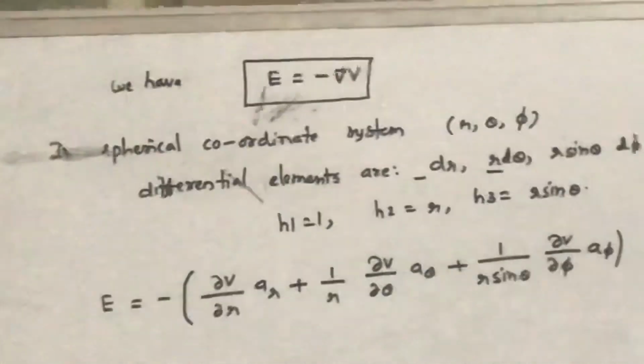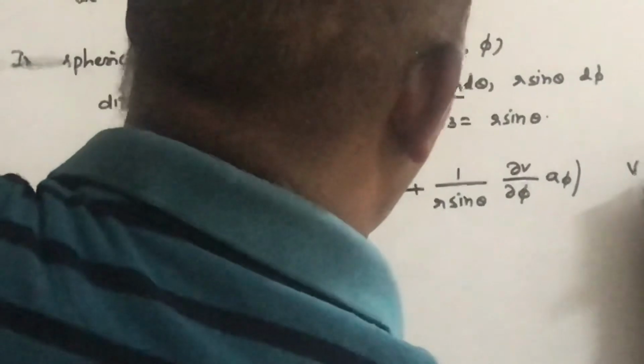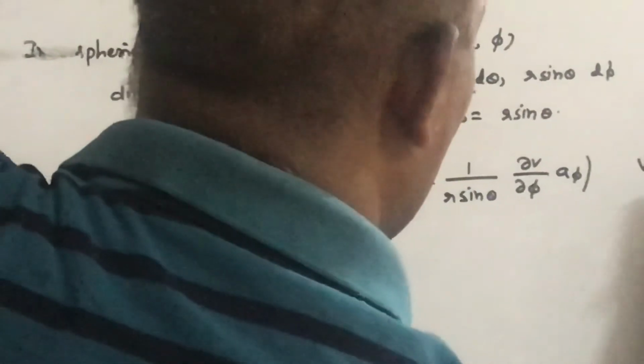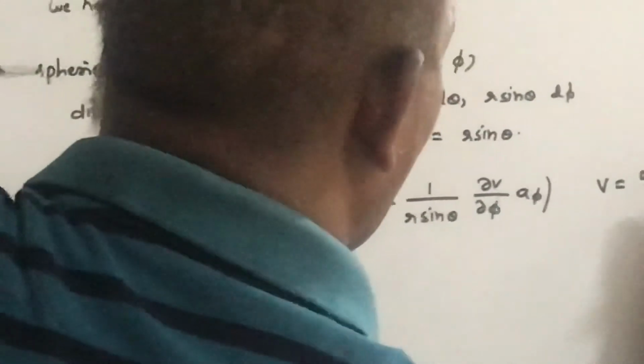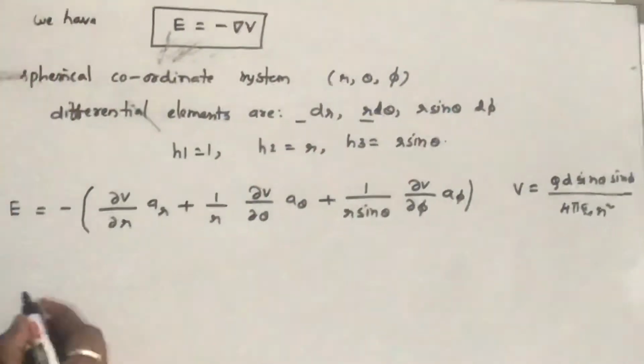Substitute V. V is equal to Qd sin theta sin phi by 4 pi epsilon naught r square. We substitute this in this formula, we will get E.